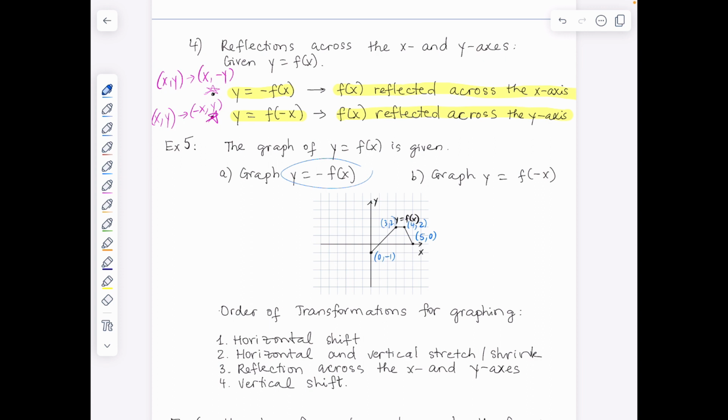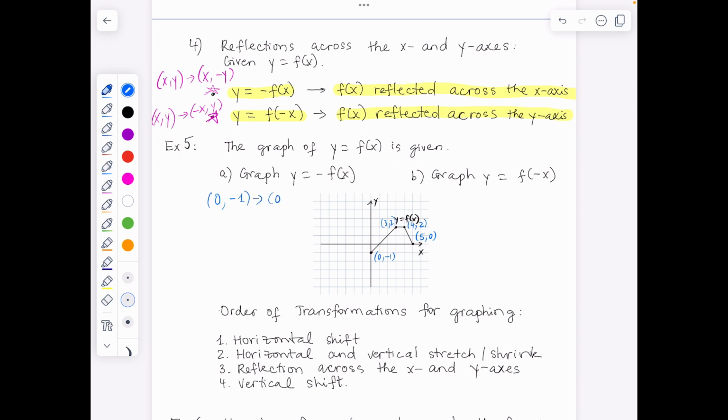With y is equal to negative f of x, all we have to do is just add a negative sign to the y coordinates. So the points will become (0, ...). Instead of negative 1, we are going to have 1.